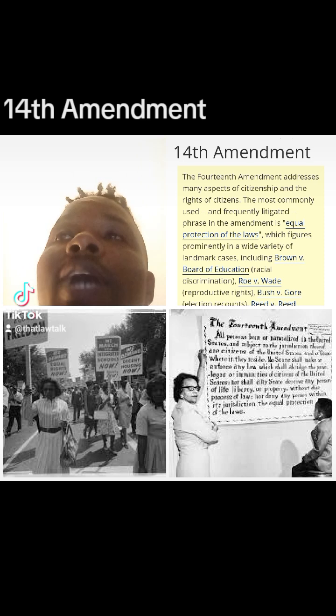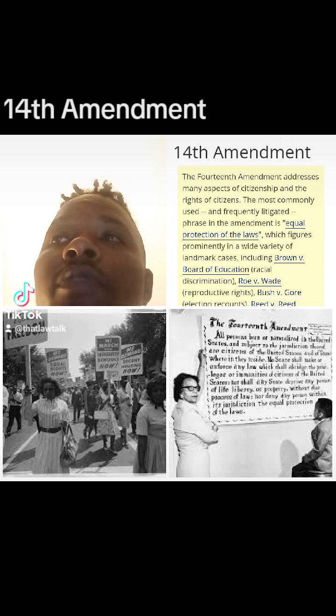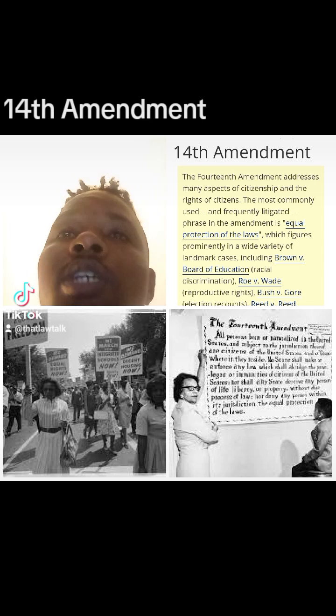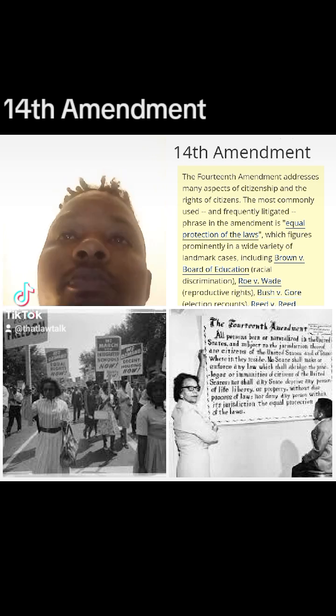But neither the United States nor any state shall assume or pay any debt or obligation incurred in aid of insurrection or rebellion against the United States, or any claim for the loss or emancipation of any slave. But all such debts, obligations, and claims shall be held illegal and void. Section 5. The Congress shall have the power to enforce by appropriate legislation the provisions of this article.